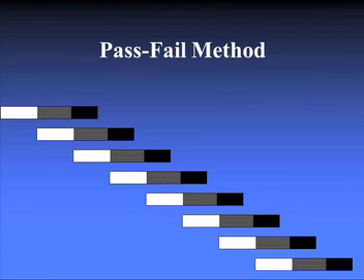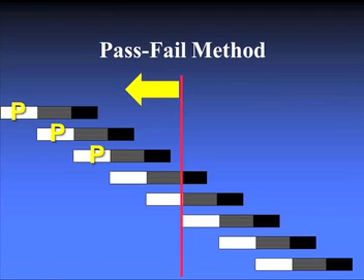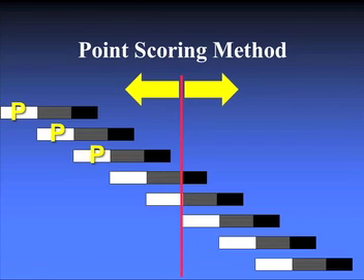The original pass-fail method requires a child to pass the 3 items in each division of the ELM scale that are to the left of the age line. The point scoring system also requires the examiner to work to the right until 3 consecutive items in each division have been failed.